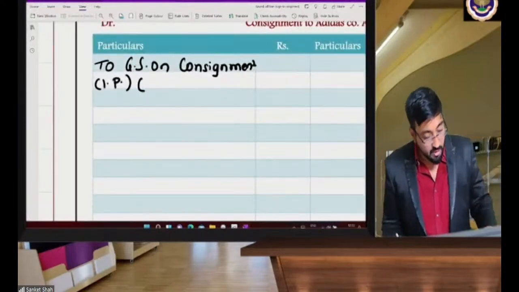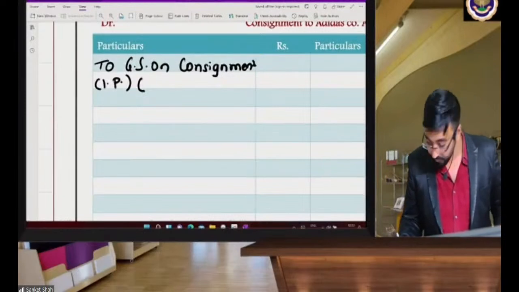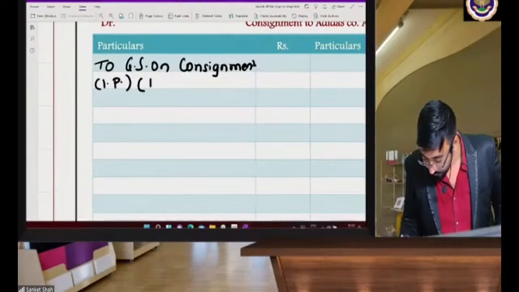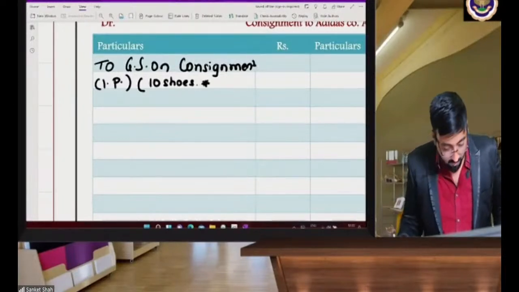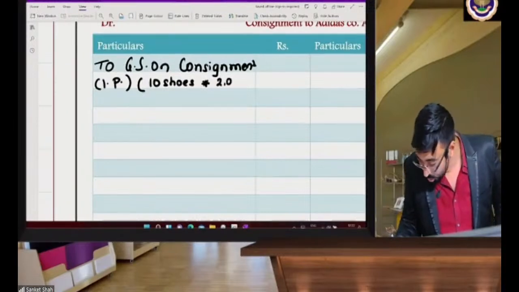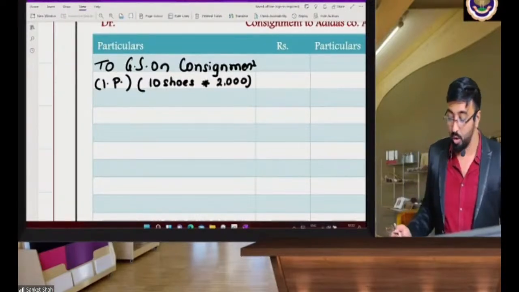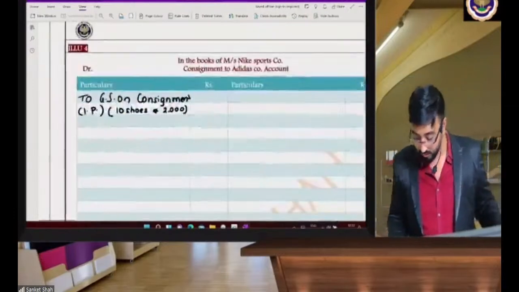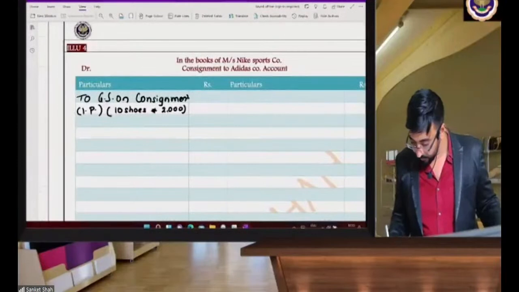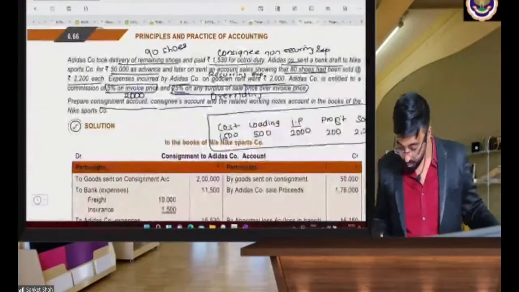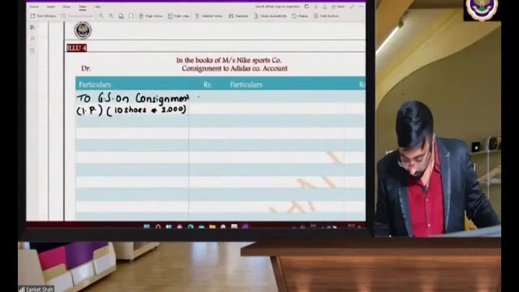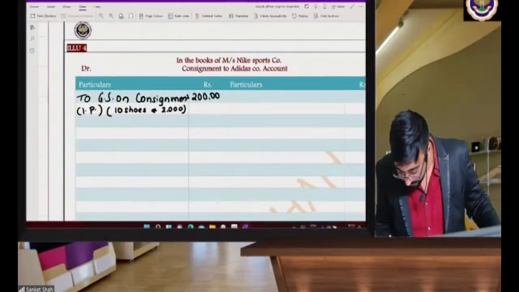Now, what is the invoice price in this question? 10 shoes multiplied by 2,000 rupees. Invoice price is 2,000. So this is 2 lakhs.